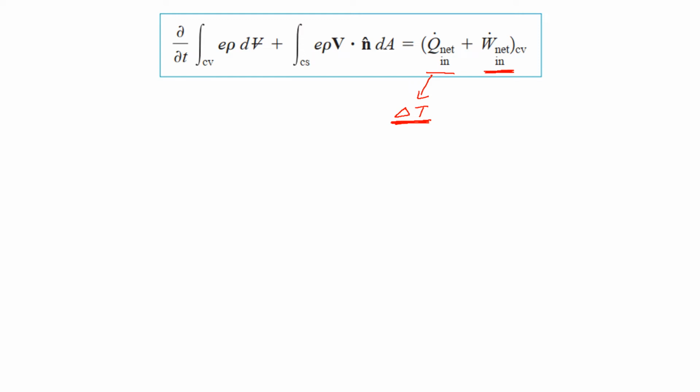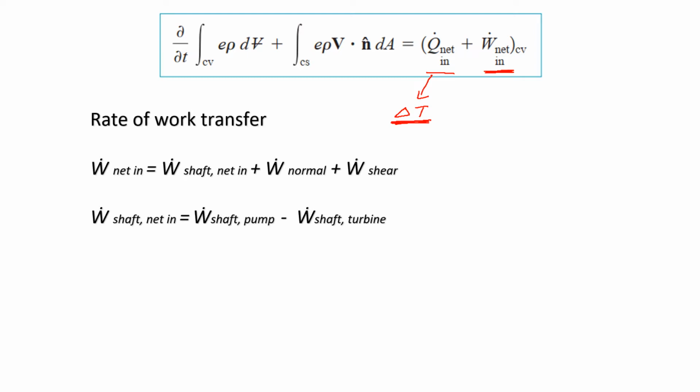So let's look at the rate of work transfer. The rate of work transfer is the net rate of work transfer required to increase or decrease the total energy of the system.